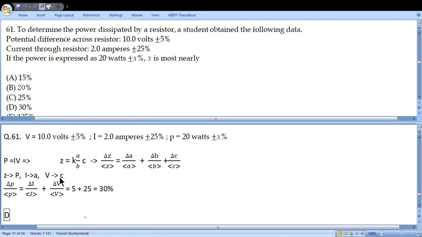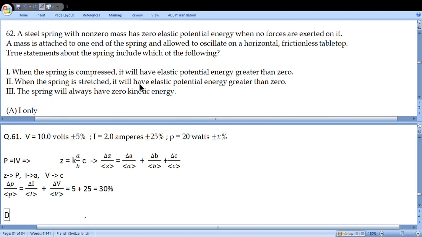So in our case, the result is power. The percentage uncertainty in power equals the sum of percentage uncertainties of the terms of the product. So we add and we get 30%. So we choose 30.